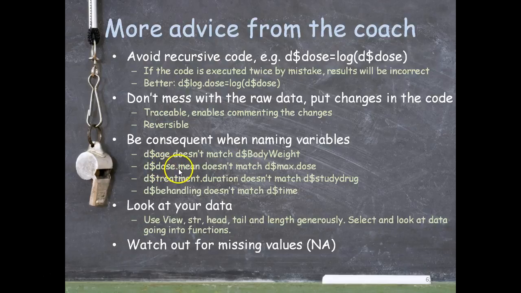If you call something dose.mean, then this one should probably be dose.max, not max dose. And if you use a point here, treatment.duration, then study drug without the point is not a very good choice.